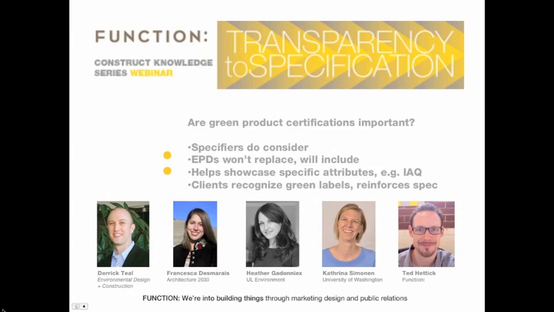But I think saying something like a third-party certified standard like GreenGuard, or Energy Star, is a lot more recognizable, and you can get an immediate response from a client, as opposed to presenting them with an EPD that they might look at and not know where to begin. But if you say, does this meet your IAQ standards? It's GreenGuard certified. Then they'll say, okay, that's good, let's go with that.